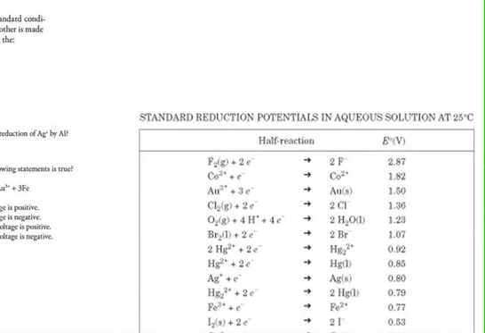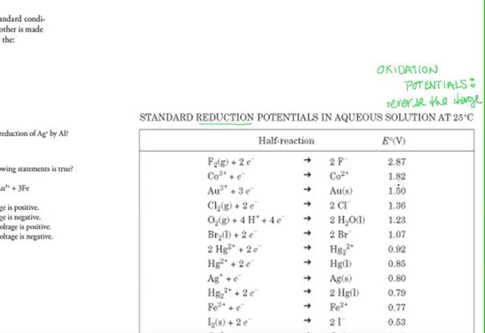Now, because these are reduction potentials, right, if we want to talk about oxidation potentials, essentially what you have to do to this chart below is you have to reverse the charge.